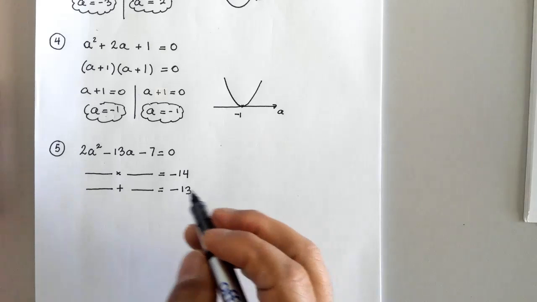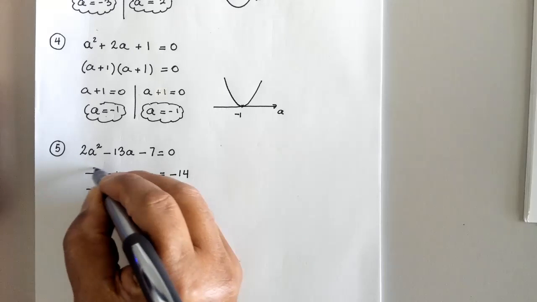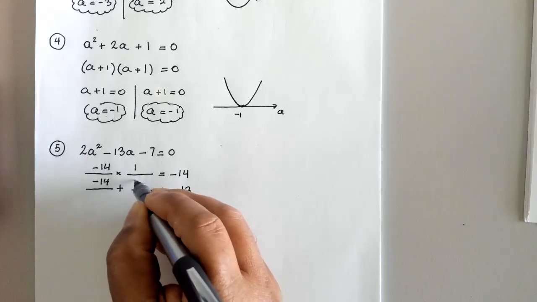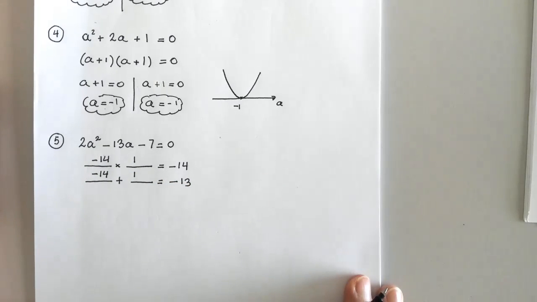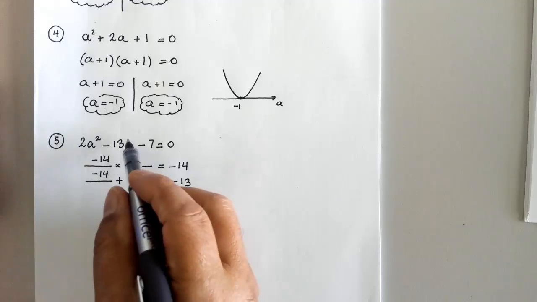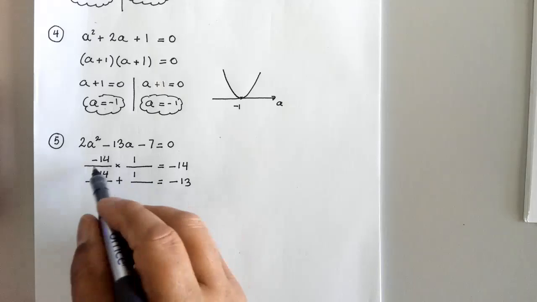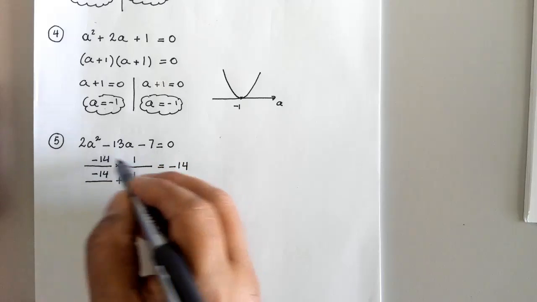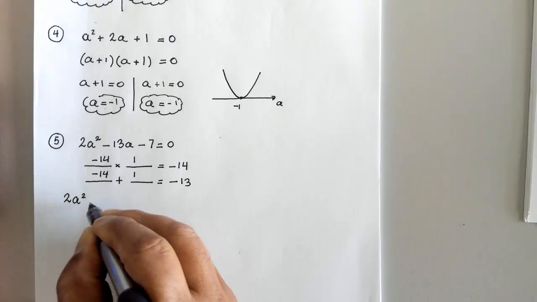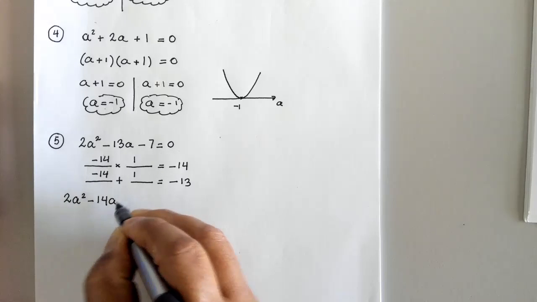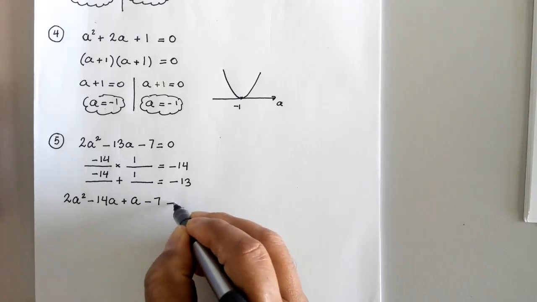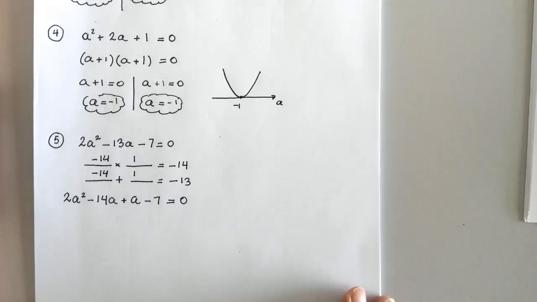It looks like the two numbers are -14 and +1. From what we remember, we split the middle term into these two numbers. So we're going to say 2a squared minus 14a plus 1a, or just a, minus 7 equal to 0.